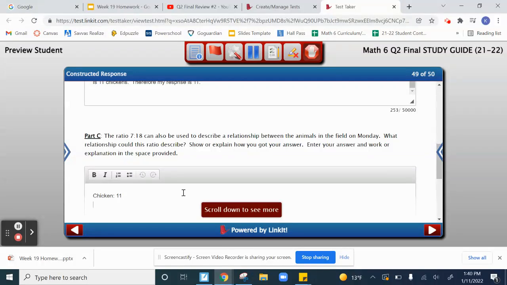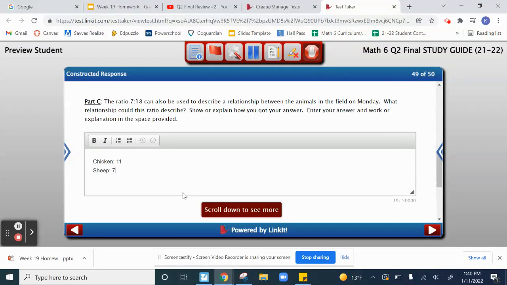So number of chickens is 11, number of sheep is 7. But I'm not seeing anything that has to do with an 18. So I know that my 7 is going to be the number of sheep. The ratio describes the number of sheep to, and I'm not completely sure what that 18 is, but what I do know is that 11 and 7 does make 18.